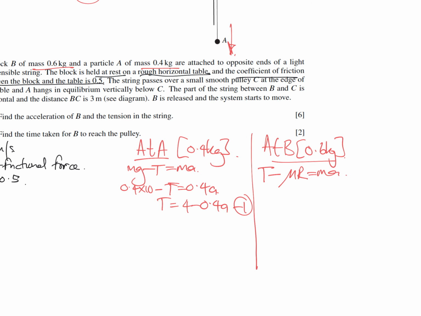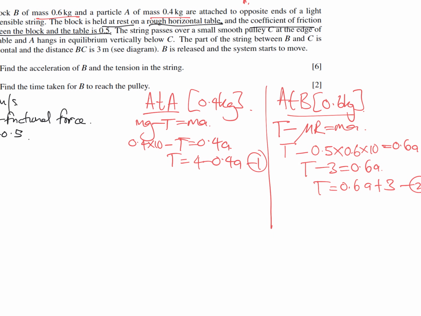And our second equation, T minus μR equals ma, so T minus 0.5 times R, where R is actually the normal force, 0.6 times 10, and this is equal to 0.6a. Therefore T minus 3 equals 0.6a, so T equals 0.6a plus 3. That's our second equation. Now solve for 1 and 2.